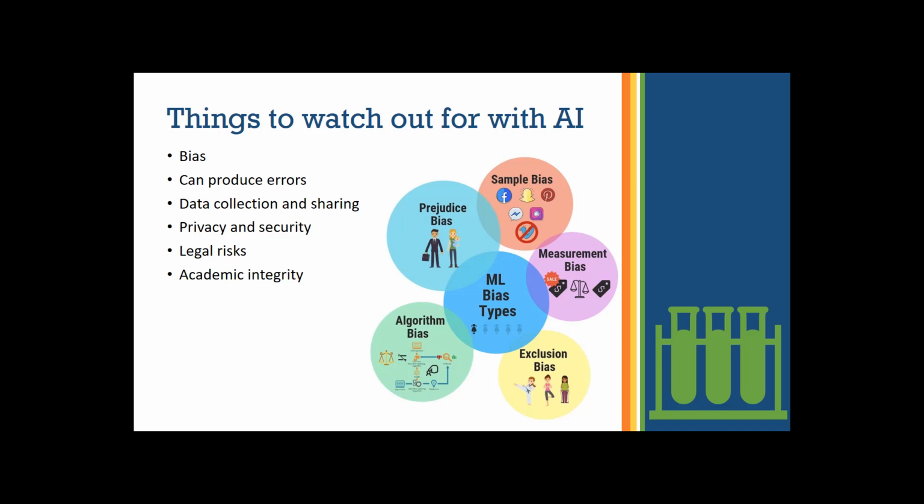When AI was used with computer aided diagnosis, systems found lower accuracy results for African American patients than white patients. So they were going for CT scans or MRIs or PET scans. If they used AI, there was lower accuracy with African American patients than with white patients.